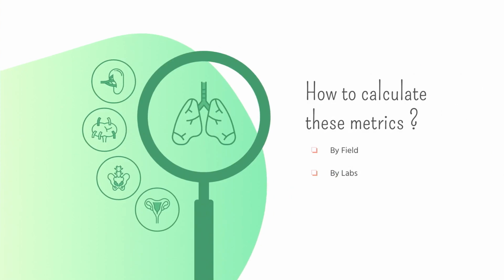So how to calculate these metrics? This is very important because there are two ways to calculate these metrics, and the first one is by field. So field tools provide real-world data that comes from users in the field.